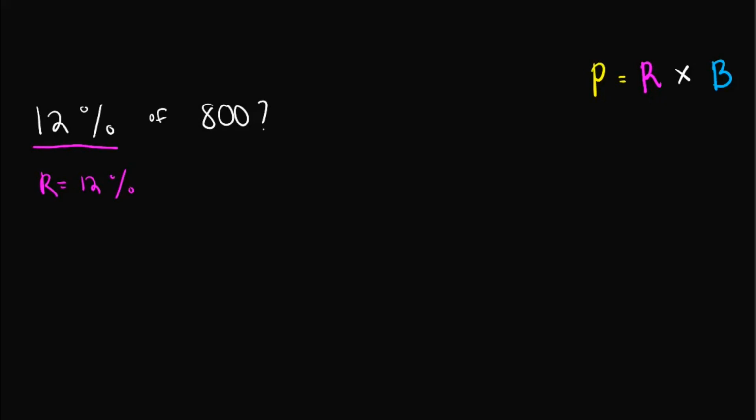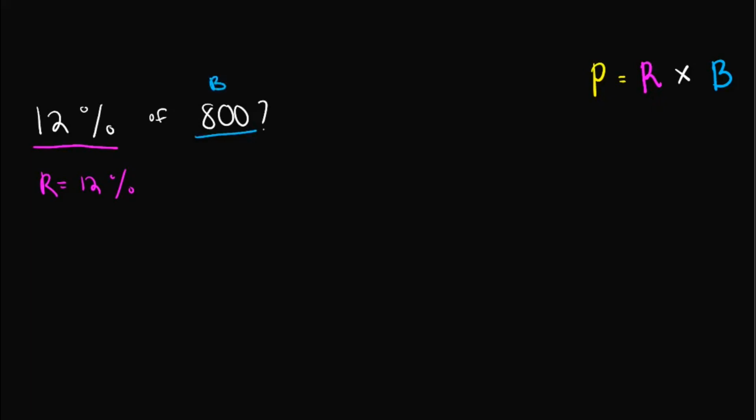Now usually, this is the trick in determining the P, the R, and the B in these problems. When there is this word "of" before that number, that usually refers to the base.